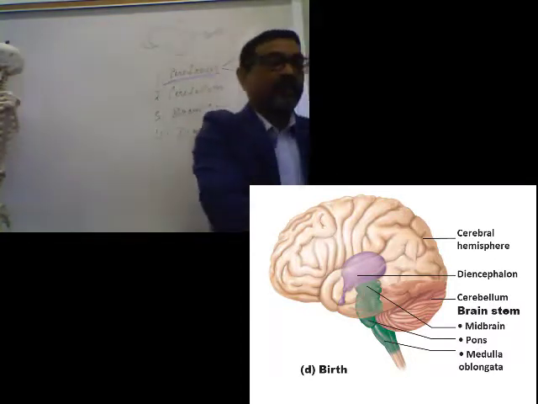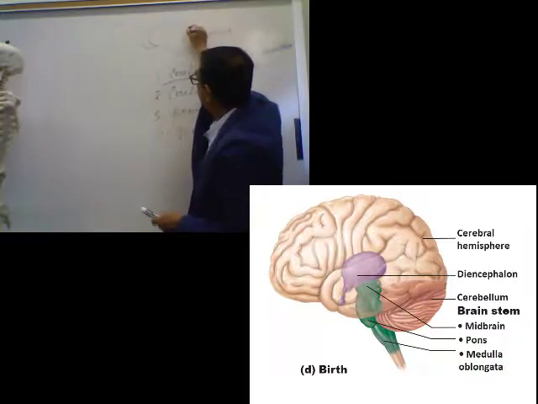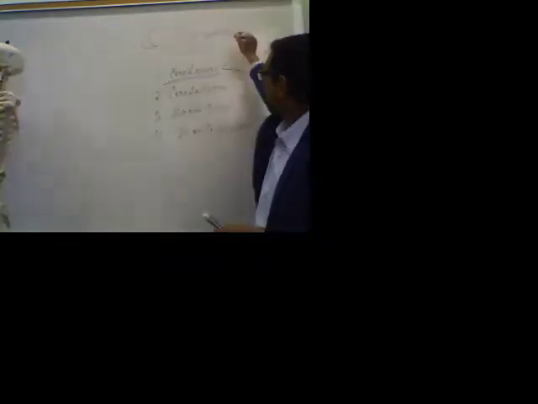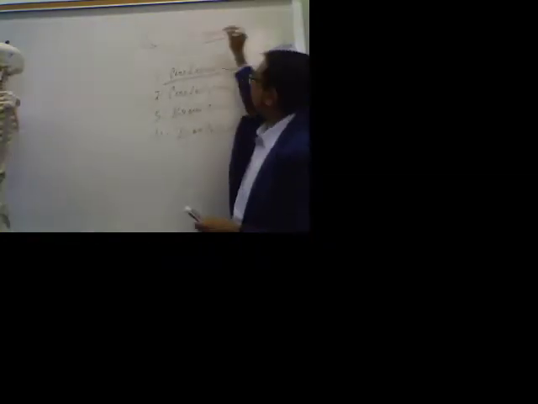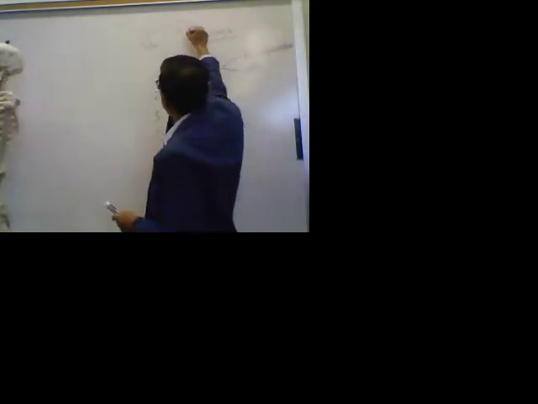Cortex. So that is the gray matter, right? And white matter. So gray matter, part of the cerebrum, is the outer layer or outer part, and that is called the cerebral cortex. And I also mentioned a few minutes before that in the cortex you have several functional areas.